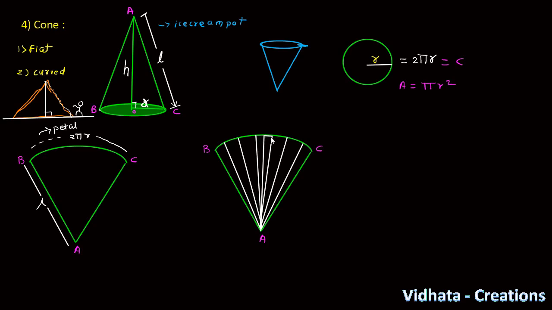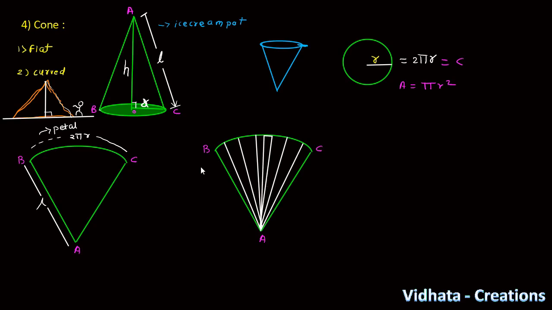Nearly it is curved, but when you make as many parts as possible, this length will be nearly a straight line. And if this is a straight line, then this type of triangle will be there, and this radius L will be perpendicular to this side. It will act as the height of the triangle, L.